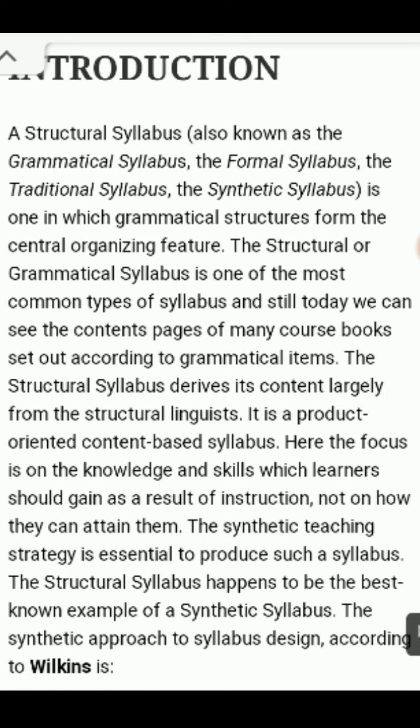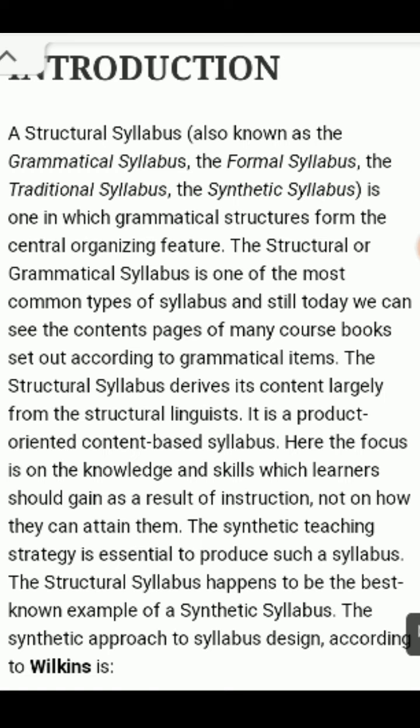It is believed that when students are given practice over various grammatical structures, then students would be able to reproduce them. So that's why it is called product oriented, content based syllabus. It is not a process oriented syllabus, which aims at how they can attain language.